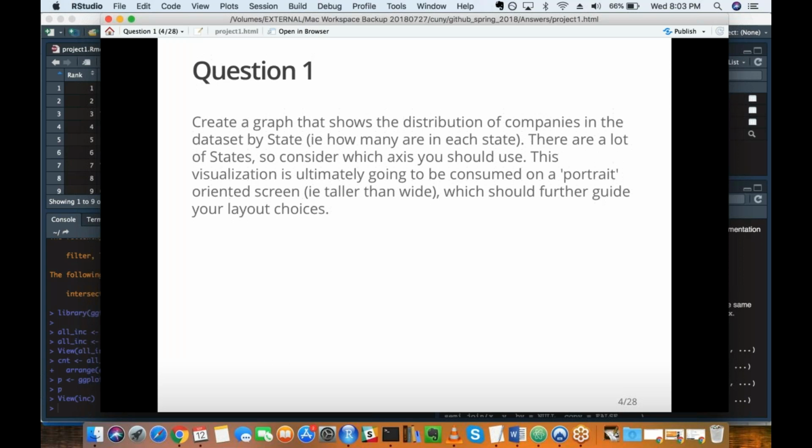So in this case, we're assuming that it's going to be on a portrait-oriented screen. You could imagine that being a tablet, or another vertically oriented display. And when you guys are working on visualizations like this, you could think of it as just a full screen visualization on whatever orientation screen we're looking at.